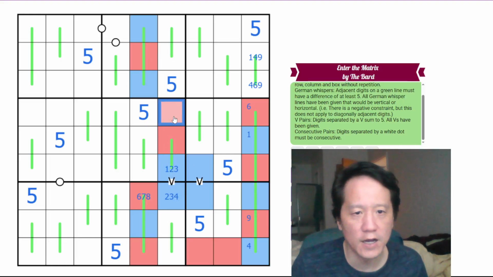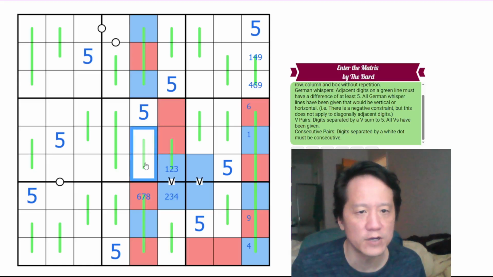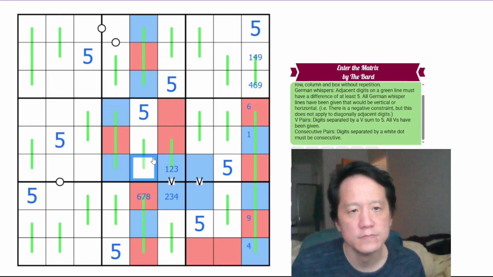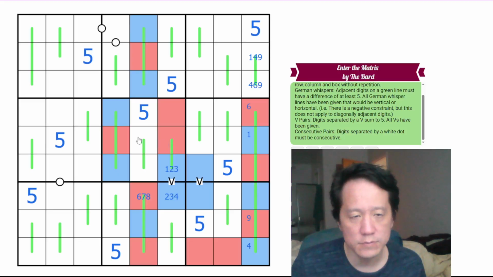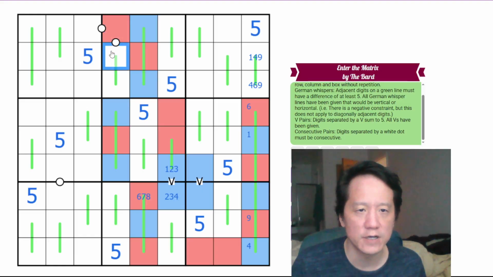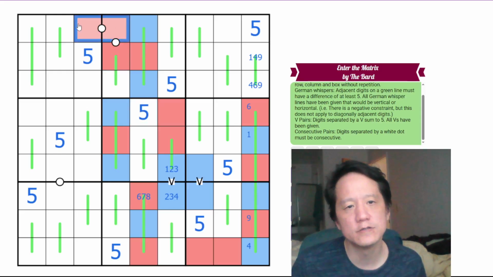Since this is high, we have 2 highs here, this is a third high. We cannot have 2 more highs, therefore this is high and these are lows. Therefore, we have 2 lows here. One of these is low, one of these is low. That's 4 lows in column 6, which makes this high. Therefore, this is high to be consecutive with a high digit, and this must be high because it cannot be 5 then. So these are all highs, which makes this a low.